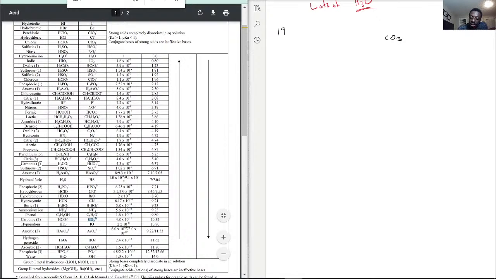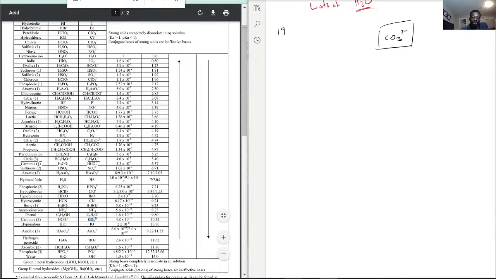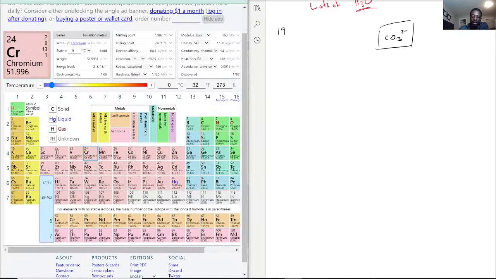So this right here is the carbonate ion. Now ammonium: as we discussed, ammonia is NH3, so ammonium is just an extra proton added to it, and it's NH4 plus.